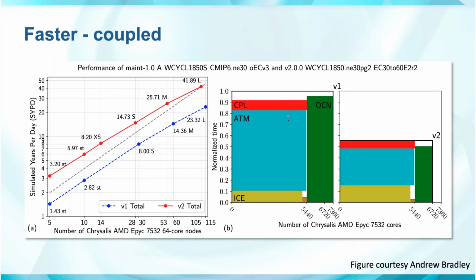And the coupler stayed about the same. The sea ice became a little bit more expensive in V2, mostly due to the addition of more snow layers on sea ice. We are kind of in an odd situation here where the sea ice now is almost as expensive as the ocean. So I think there's room for improvement in the performance of the sea ice for future versions.